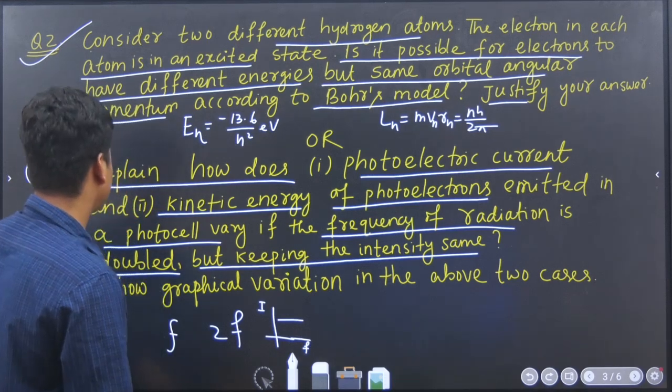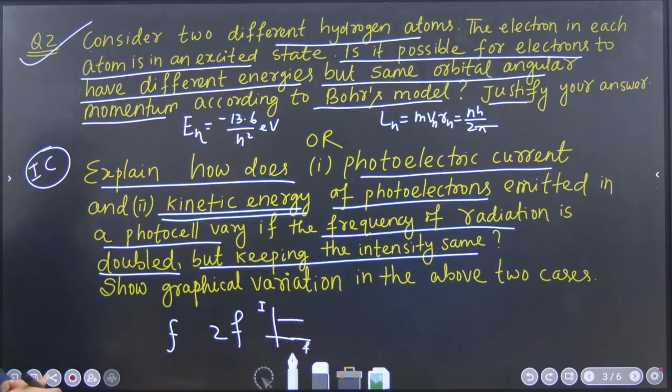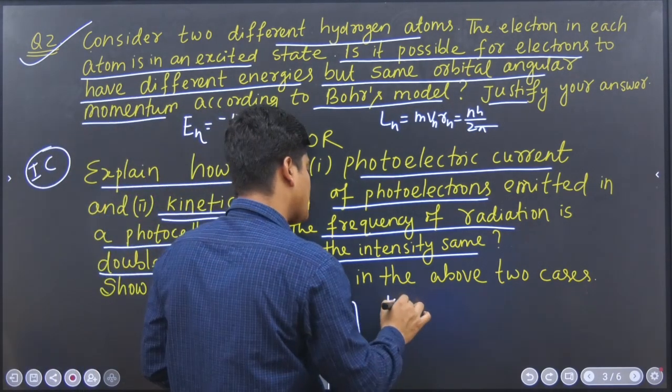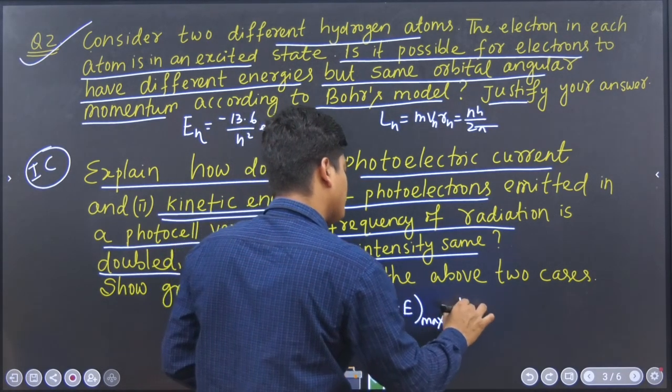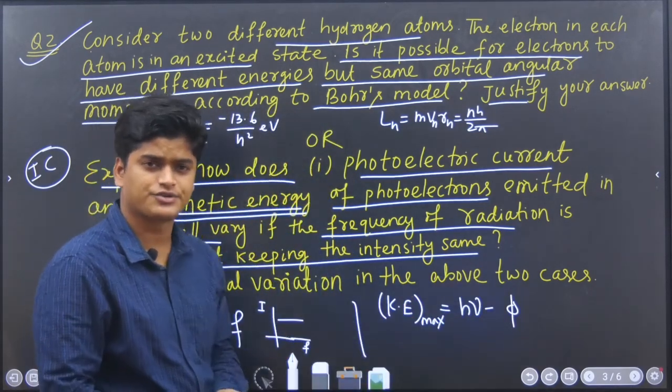Second thing, understand how the kinetic energy of the emitted photoelectron changes. Listen here, the kinetic energy of a photoelectron is h nu minus phi. This is Einstein's photoelectric equation.